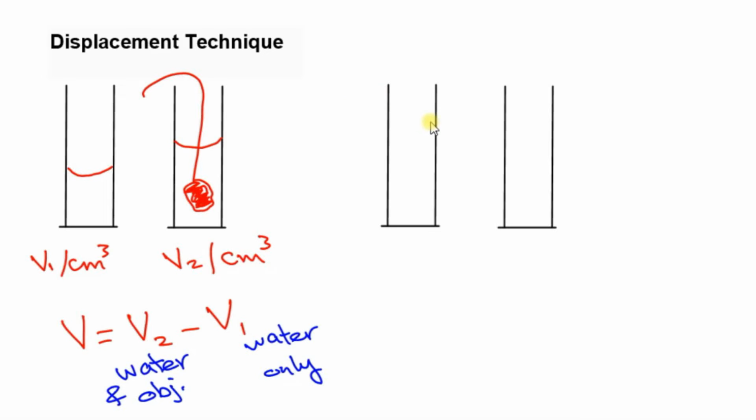What if we have a floating object? In this case, we will use a cotton string and a sinker. The sinker here is a piece of metal that we will use to force the floating object to be immersed in water. When we record the reading here, V1 represents the volume of water plus the volume of the sinker.